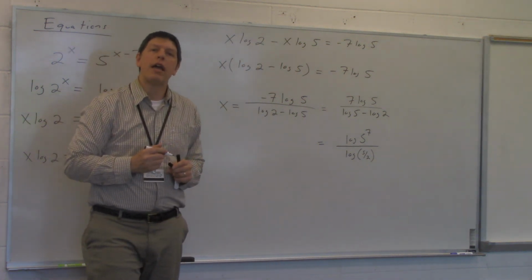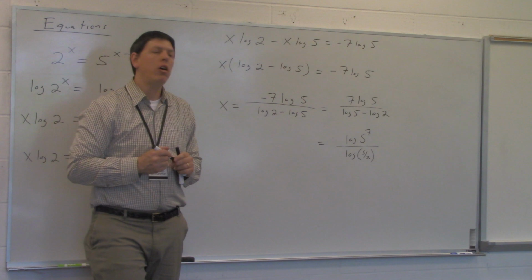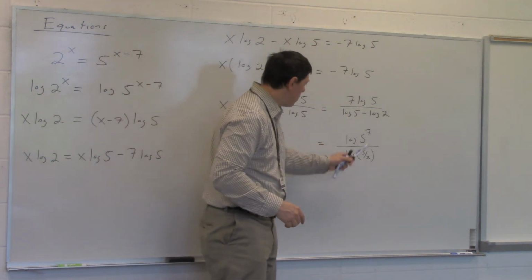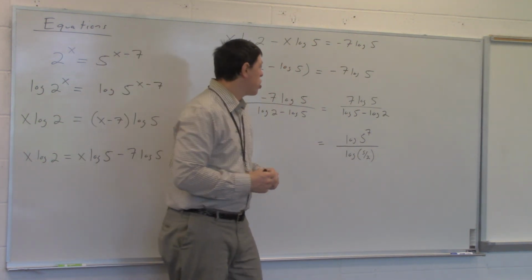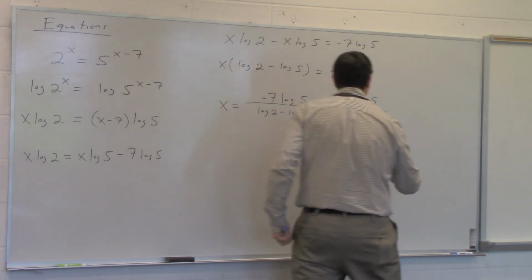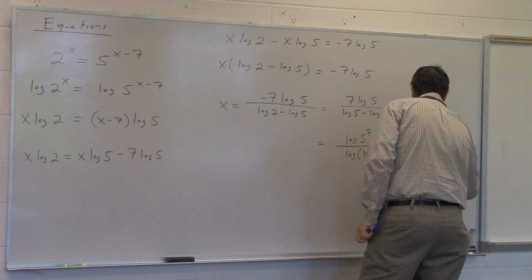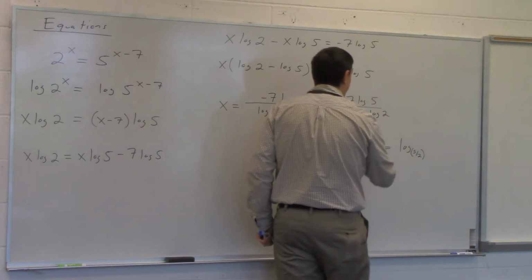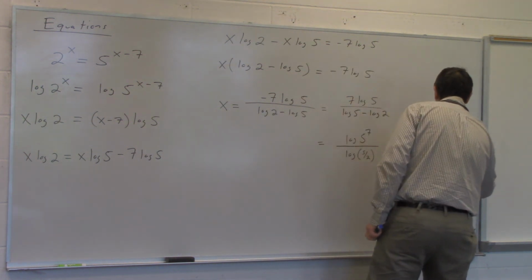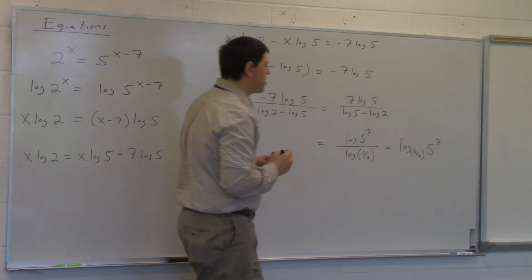And then finally, I could use the change of base formula because I have the same base of 10. So another way that we could write this answer would be log base 5 halves of 5 to the 7th power. And if you really wanted to evaluate 5 to the 7th, you could.